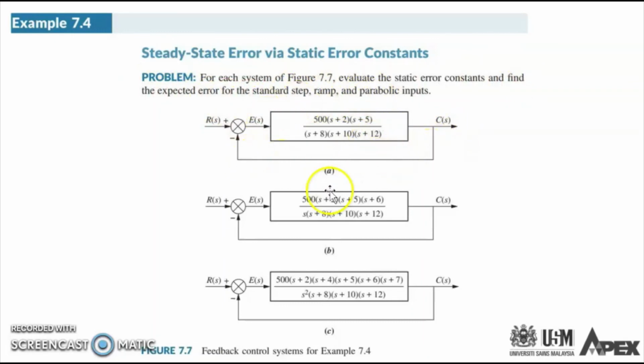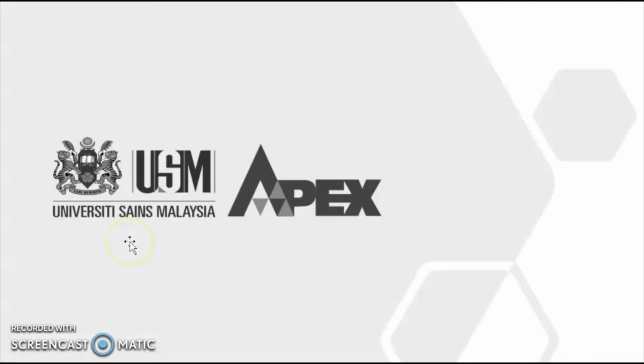So there are 3 different systems. For each of these, you need to do the step, ramp, and parabolic. I will make this your assignment too, so that if you get involved in doing the exercises, you will know better. It helps you in the examination as well.